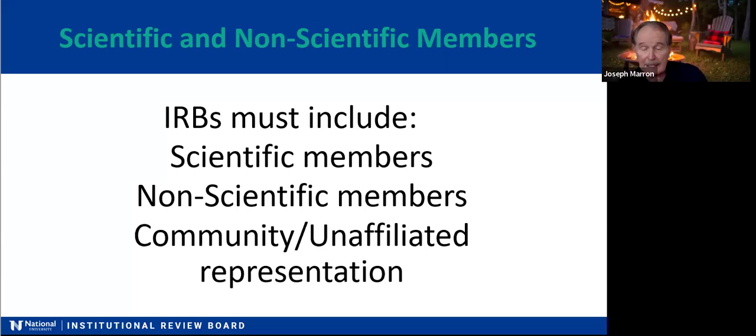And also data and privacy issues. So we try to make that board really as diverse as we can. We have representation from the entire university across all the colleges and schools, and also a mix of scientists and non-scientists and community members. So it ends up being extremely diverse and extremely helpful when we look at these studies.